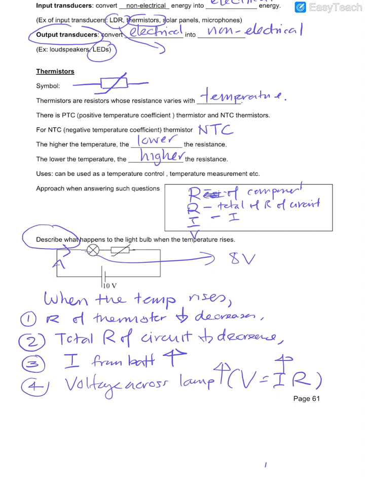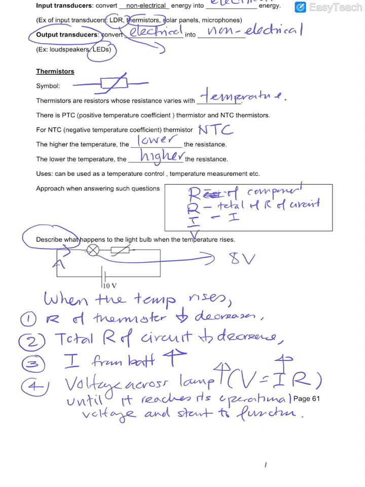So the voltage of the lamp will keep increasing until it reaches its operational voltage and starts to function. Or you can say the lamp will go from dim to brighter and brighter, and then reach its maximum brightness at 8 volts. That's the operational voltage.